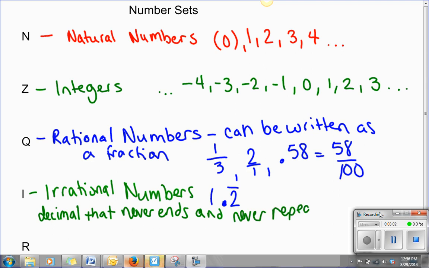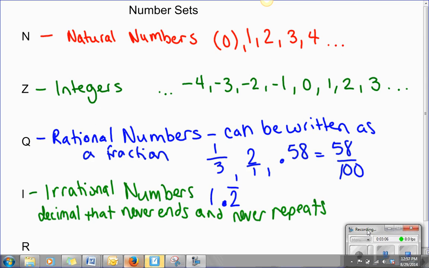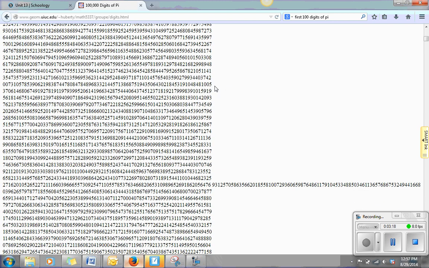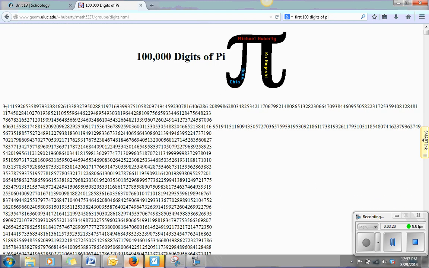So a classic example of this is the number pi, which we estimate to be about 3.14, but we know that pi goes on and on forever and ever, in fact. Okay, so here you can see the first 100,000 digits of pi. So you can see it's 3.141592, etc.